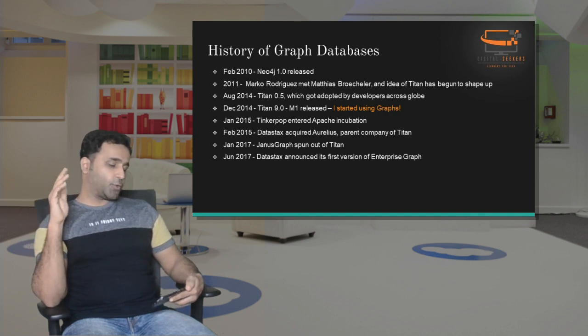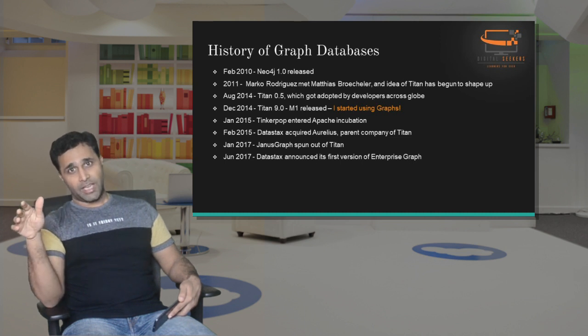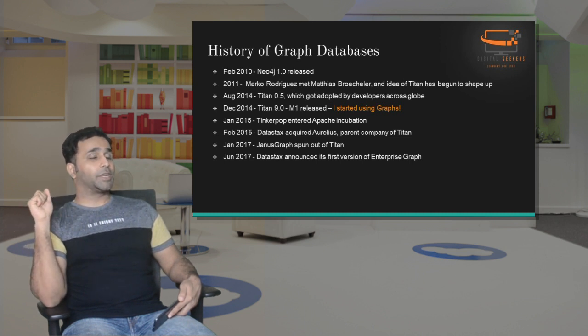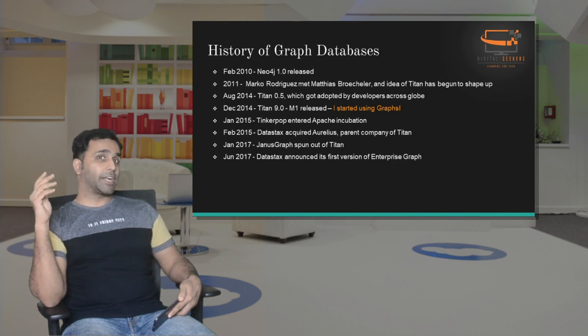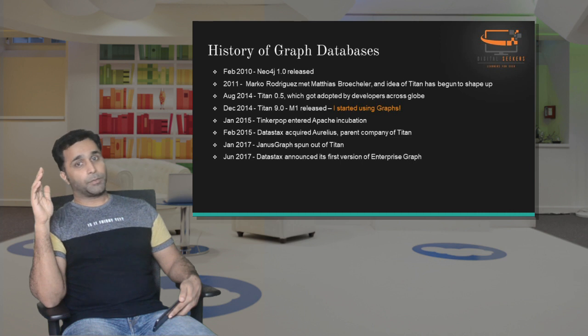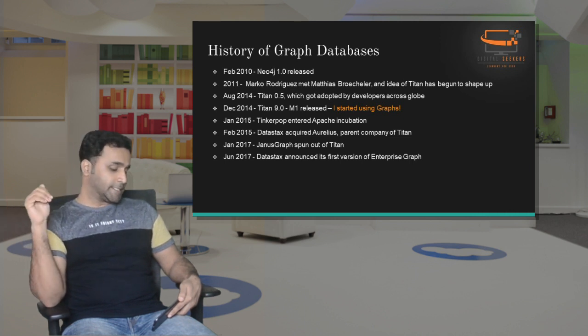In August 2014, version 0.5 of Titan was released, and it immediately gathered a lot of attention from the community. Most people started adopting it, and by December 2014 Titan 0.9 was released, which is the time when I started using Titan and evaluating it for a couple of our products.